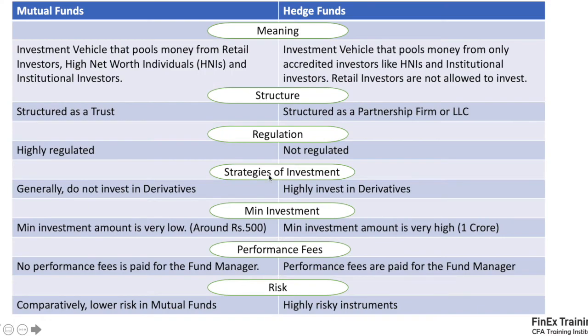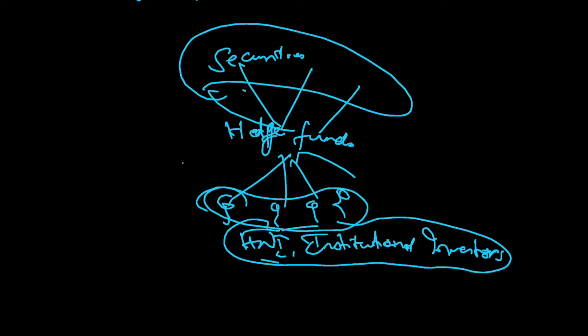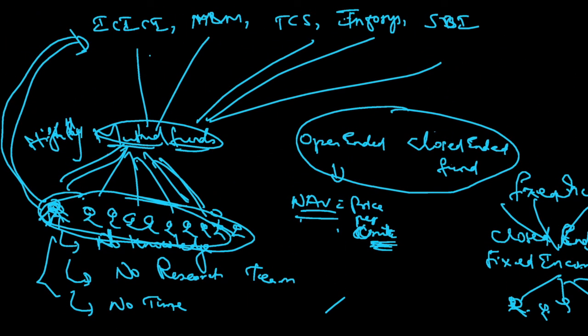Then strategies of investments. See, for mutual funds, the first intention is to safeguard the principal capital. So they are very conservative, and they don't invest in derivatives. They are not allowed to invest in derivatives, as derivatives are very risky instruments.